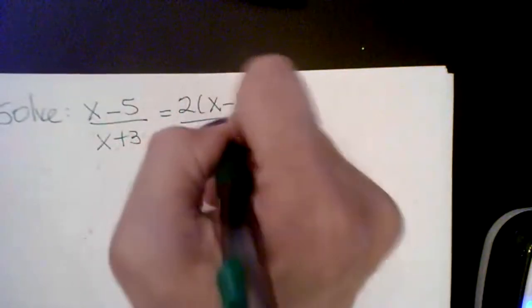let's do another one. This one says solve (x minus 5) divided by (x plus 3), and this is (2x minus 1) divided by (x plus 3).